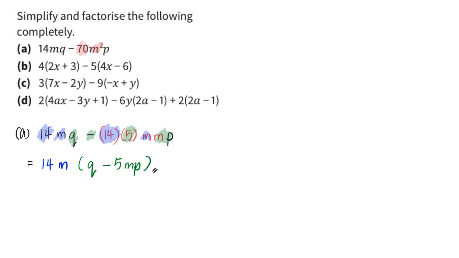For part B, we will have to expand and simplify first before we continue to factorize later on. So this means that I am going to expand out by multiplying. So this will give me 8x. 4 times 3 will be positive 12.